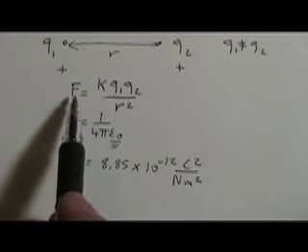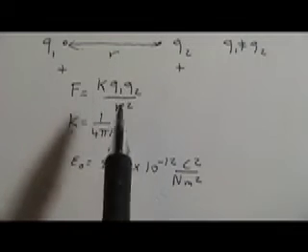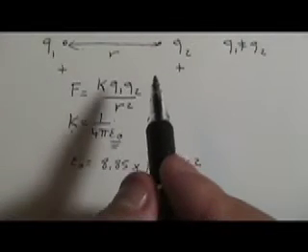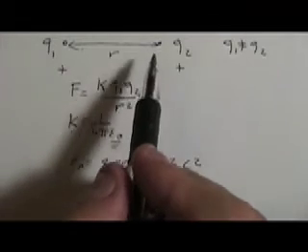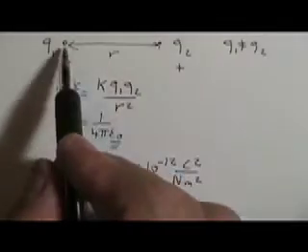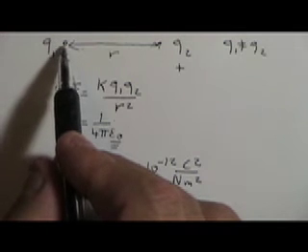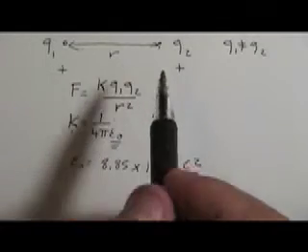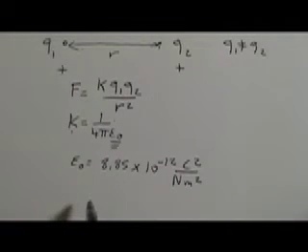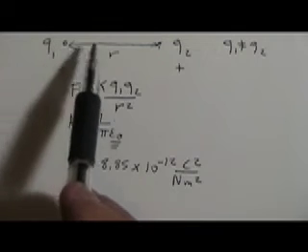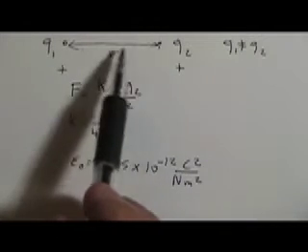So now the force between the two charges, the force that's acting on Q2, is equal to the force that's acting on Q1, even if Q1 is different than Q2. It's like if you have, for example, two football players, one that's big, the other one small, and then they push each other.